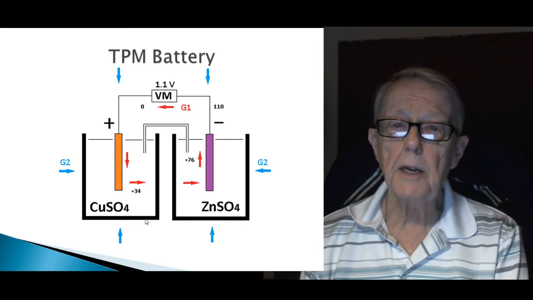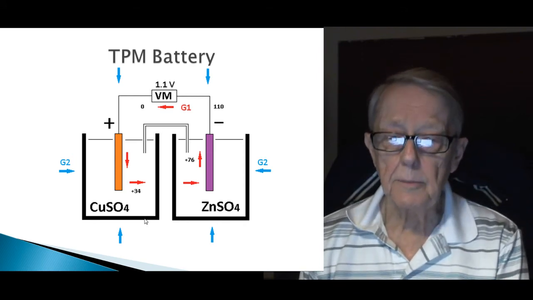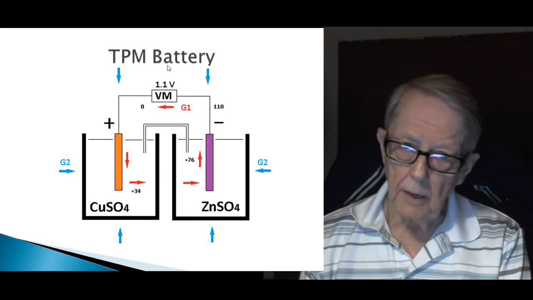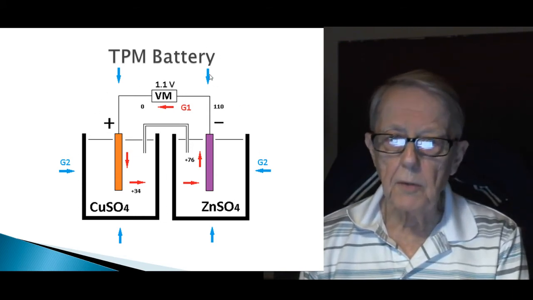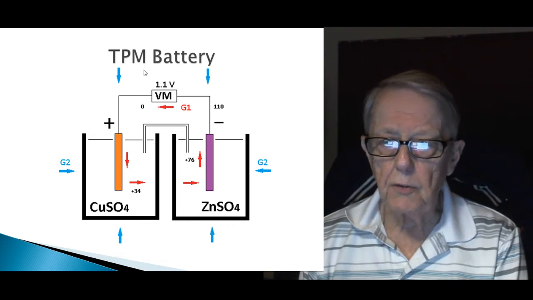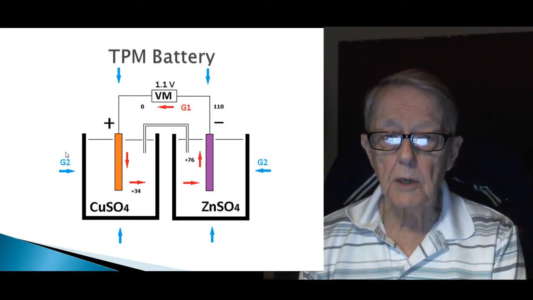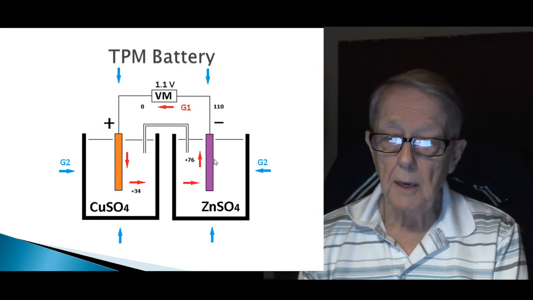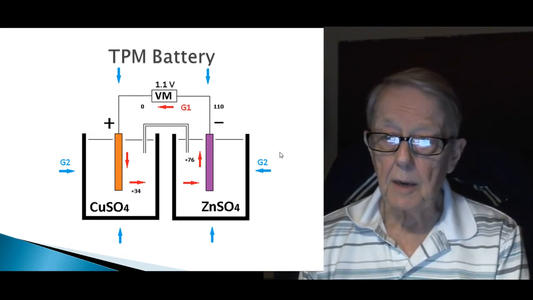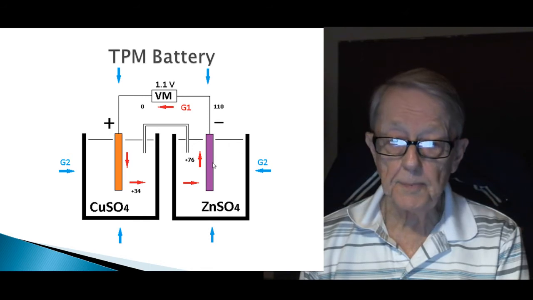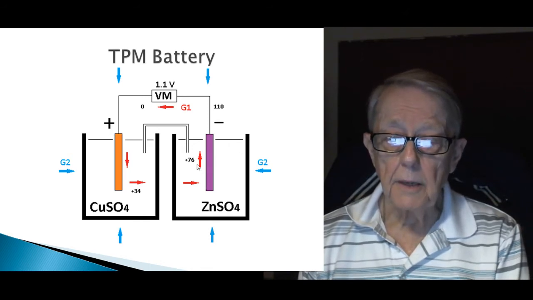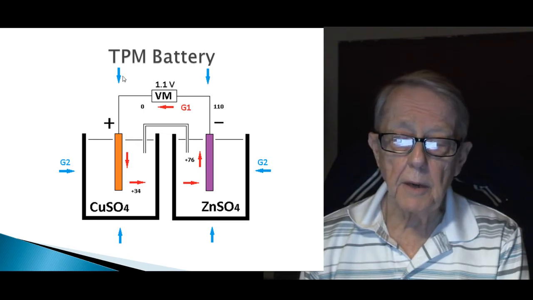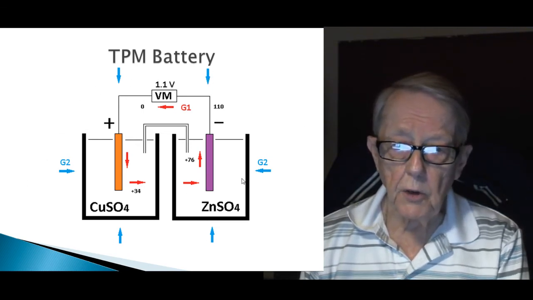So here's the model for the particle model battery. And as I've said over and over again, there is a G2 force field around all objects, including around the battery. Of course, there's a G1 force field around, but that isn't playing a major role here. And so you have G1 particles coming in and around and doing their thing.